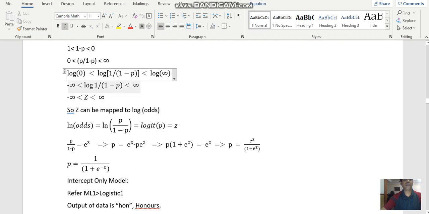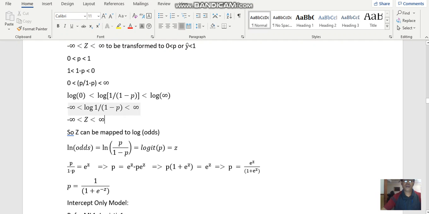Log 0 is minus infinity, log infinity is infinity. So finally we arrived at this statement: if p varies between 0 and 1, we can say that the log of the odds ratio will vary from minus infinity to plus infinity.